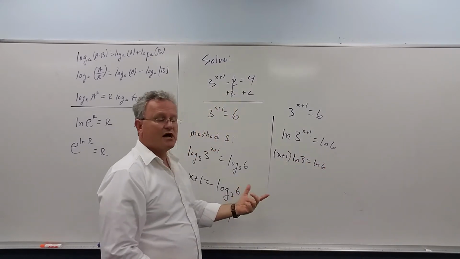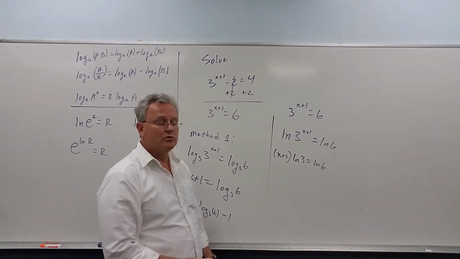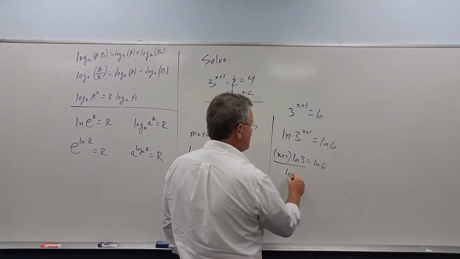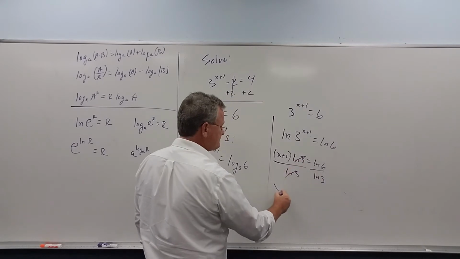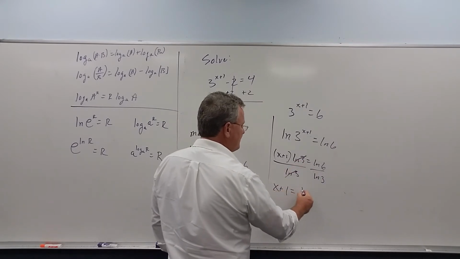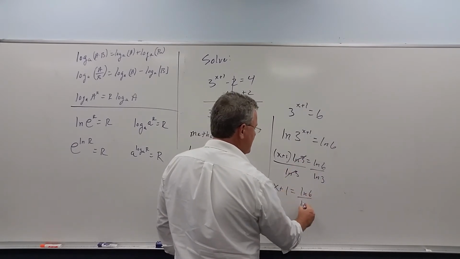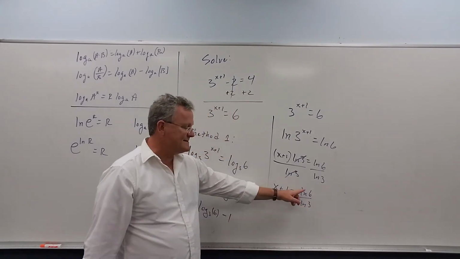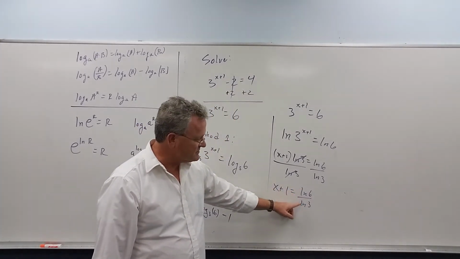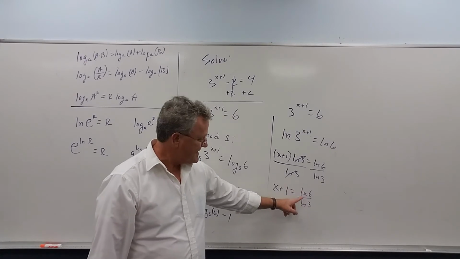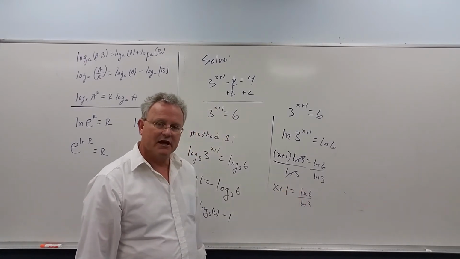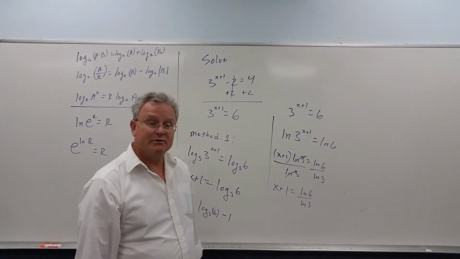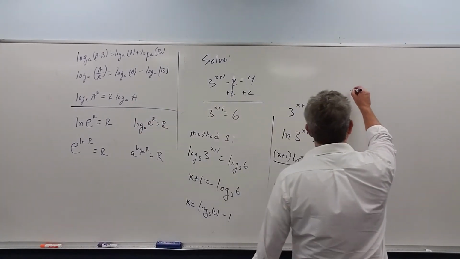And now we just solve. First, let's divide both sides by the natural log of 3. Those cancel, so we get the natural log of 6 over the natural log of 3. This does not simplify. This is not equal to the natural log of 2. I can't cancel the natural logs. You've got to leave it like that. And our last step is subtract 1 from both sides.